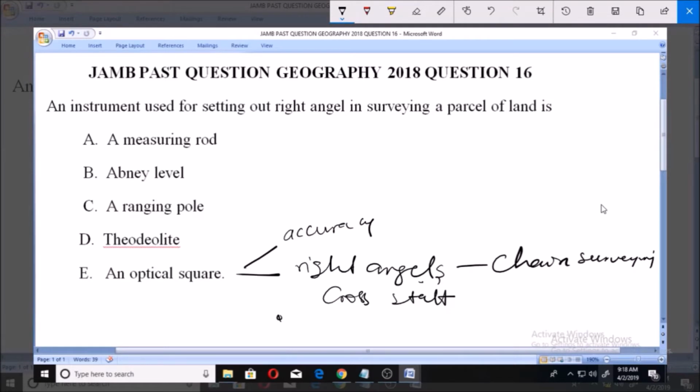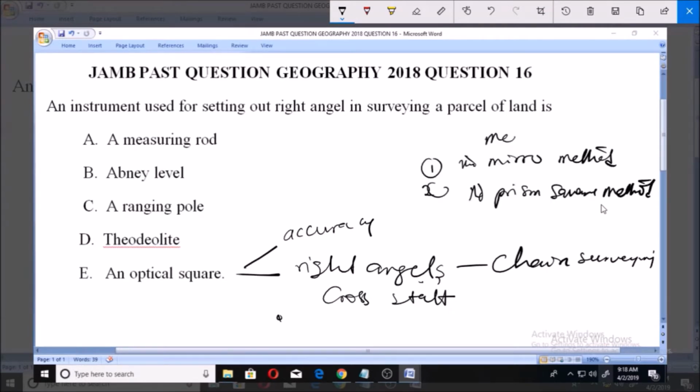There are two methods of using it: the mirror method and the prism square method. So optical square is the right answer to this, and that's why we're picking it. You can see more of this when you check chain surveying.